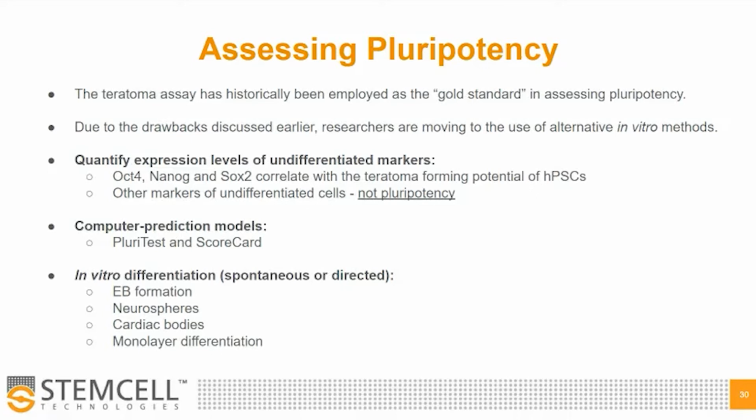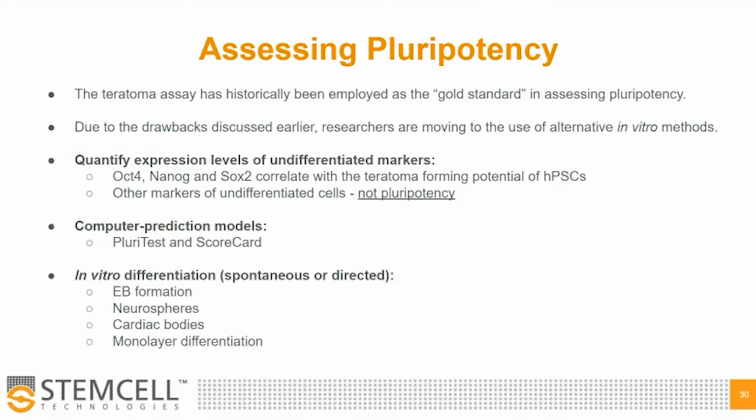OCT4, NANOG, and SOX2 expression all correlate with the teratoma forming potential of hPSCs. It is important to remember that these are not markers of pluripotency and can be found on other undifferentiated cell types such as cancer. Although, as seen previously, changes in marker expression may be noted after more evident changes in morphology appear.